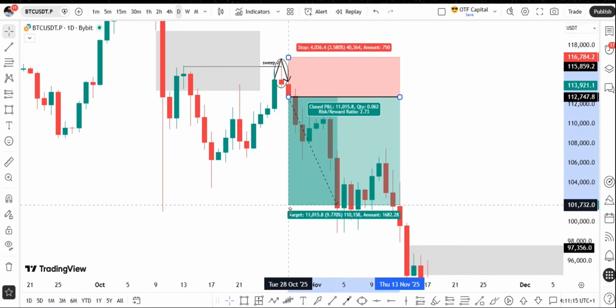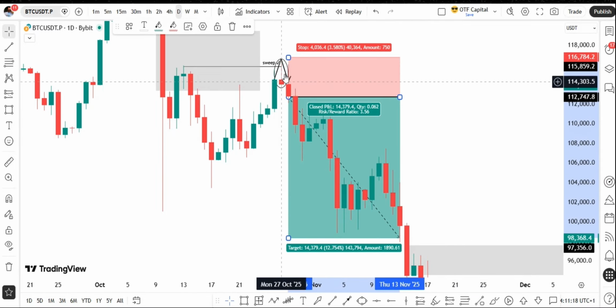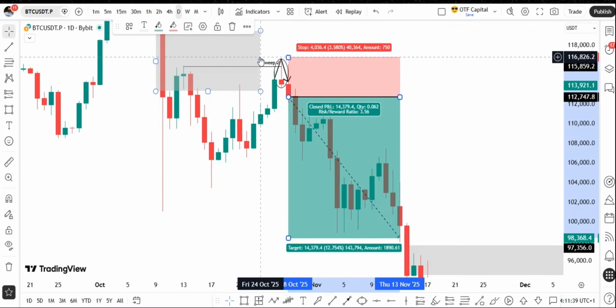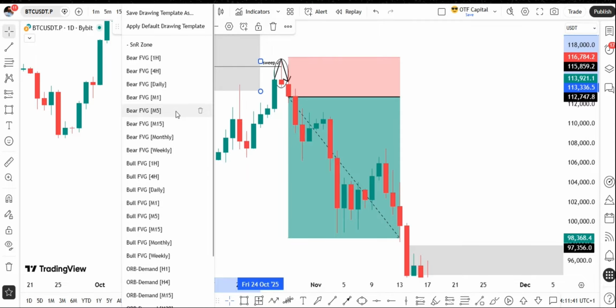This is another context. Whenever you see a bearish inverted hammer, just know that it is signaling to us that there will be a potential reversal to the price. And do not trade them alone. Always look out for other confluences. As you can see here, there was a previous high. It swept a previous high plus a bearish fair value gap.